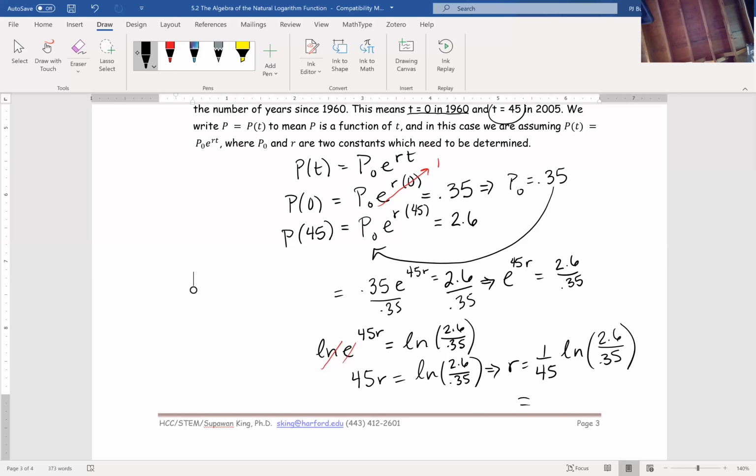All right. So what is that going to give us? So natural log of 2.6 divided by 0.35, divided by 45. Something like that.